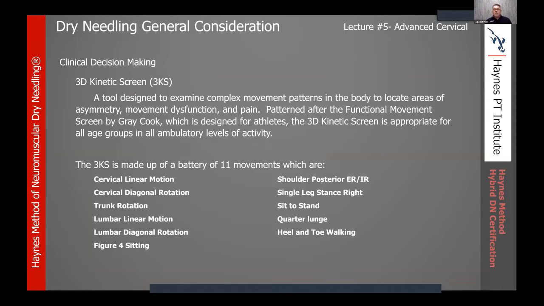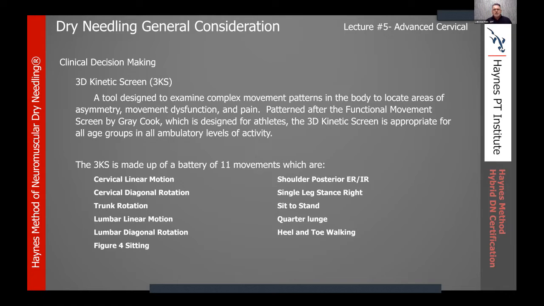So the functional movement screen that Gray Cook put together is great for athletes. It's a wonderful tool to look at movement dysfunction and asymmetry in movement. The idea is you can take that, you can score that movement, and then you can apply a treatment, come back, test it again, and you should see an objective improvement in that functional movement score.